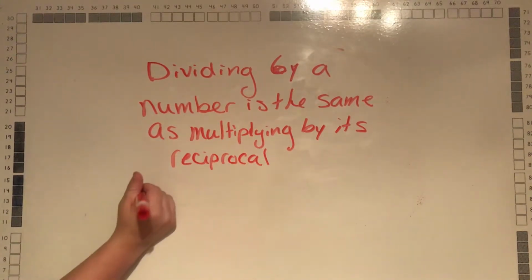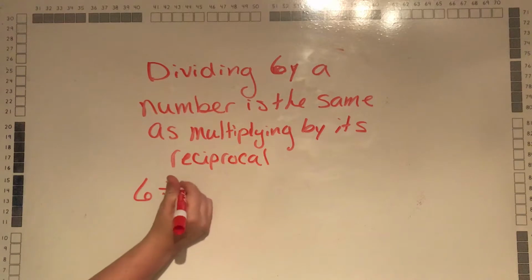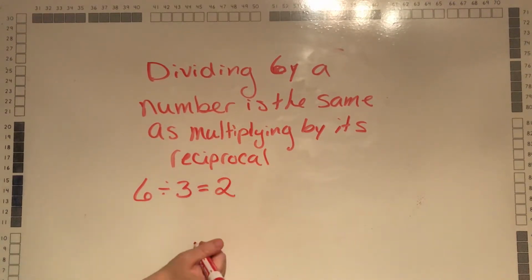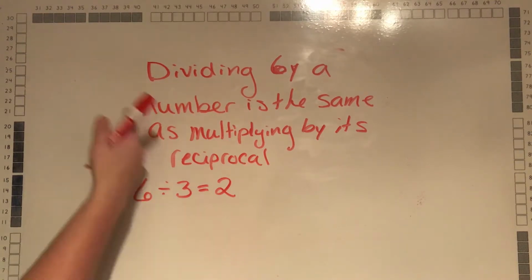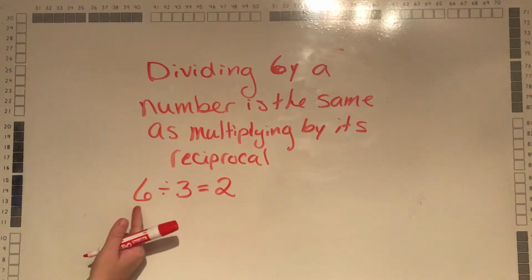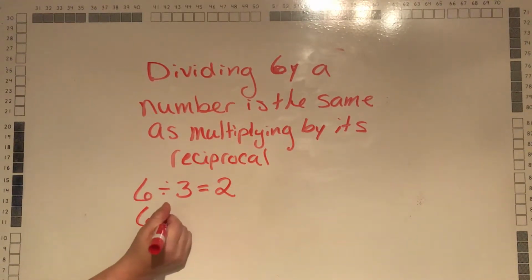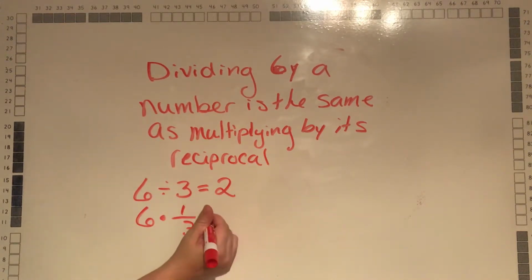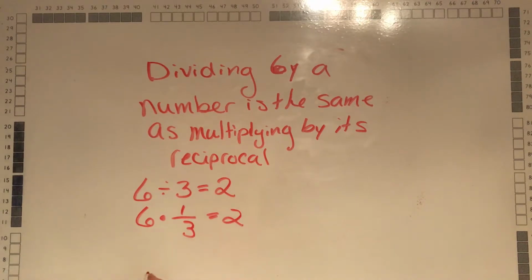For example, 6 divided by 3 equals 2. So if we apply this rule to this equation, 6 times 1 over 3 should also equal 2. And it does. So 6 times 1 is 6, and 3 times 1 is 3, and 6 divided by 3 is 2.